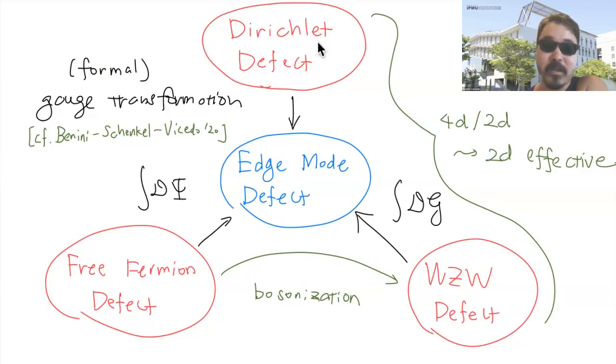For example, if I said the Dirichlet defect here, I'm only talking about the poles. But you should also talk about the zeros and the disorder defect. So the correct statement is the Dirichlet defect plus the disorder defect. That's the whole thing. It generates the one-form, and then it corresponds to the quantization of the free fermion.